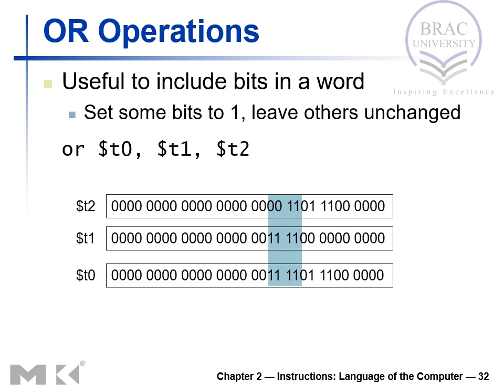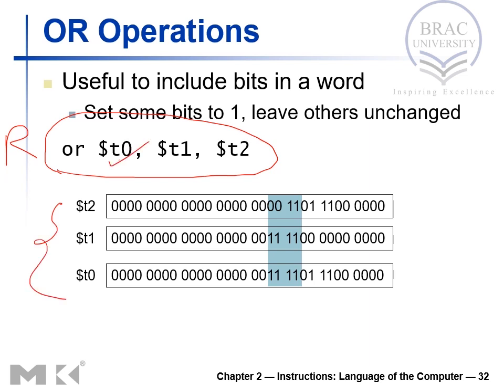OR operation. Again, the OR operation is an R-type instruction. This is the instruction syntax, and the format for representing an R-type instruction remains what we use in arithmetic R-type instructions. If we see the operation here, $t0 is the destination, $t1 is source 1, and $t2 is source 2.